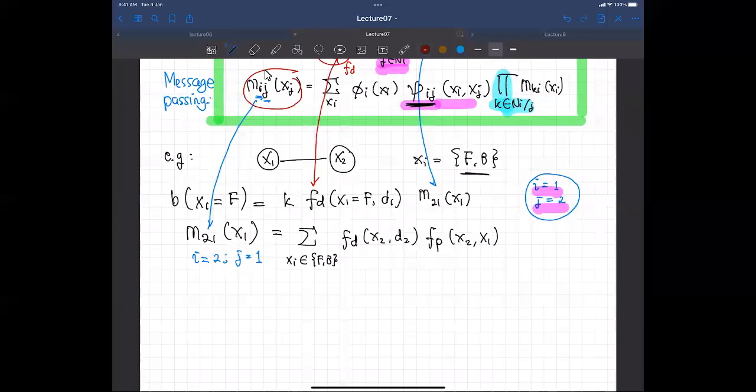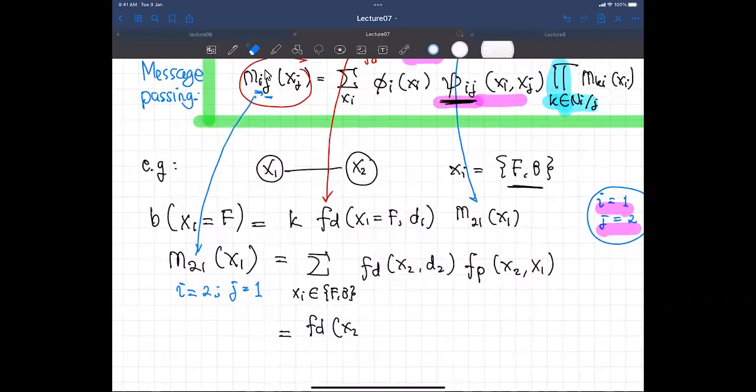And if you look at this equation further, what does the sum there mean? Here xi is equal to x2, so you choose one of the values for x2. In this case, x2 equals f, with x1 equals what?